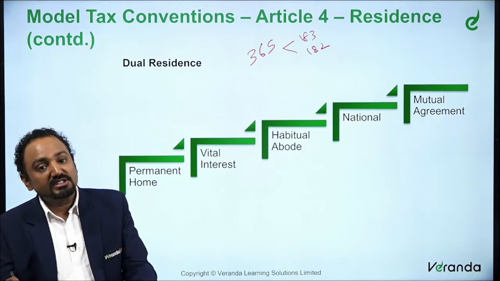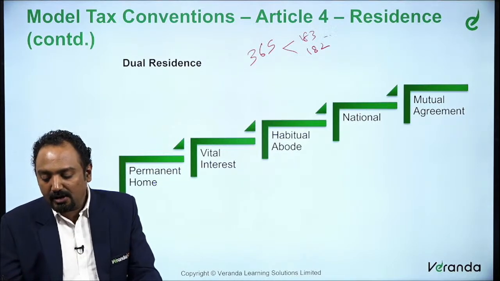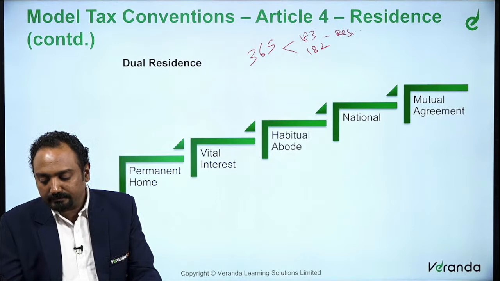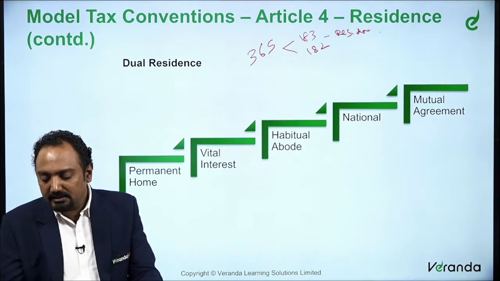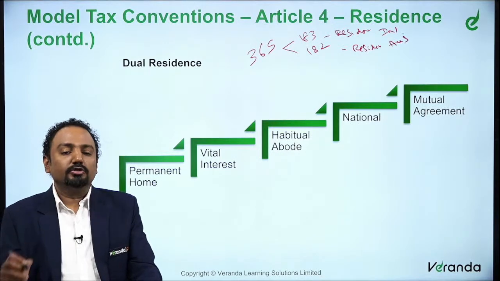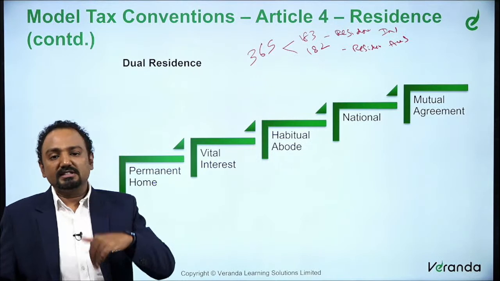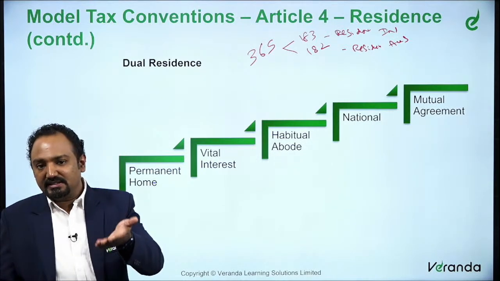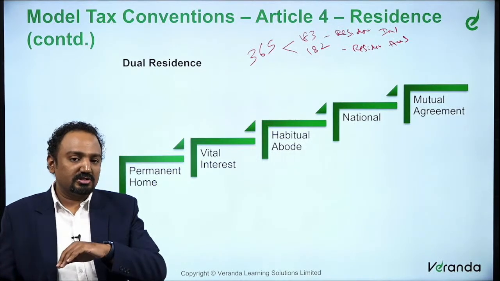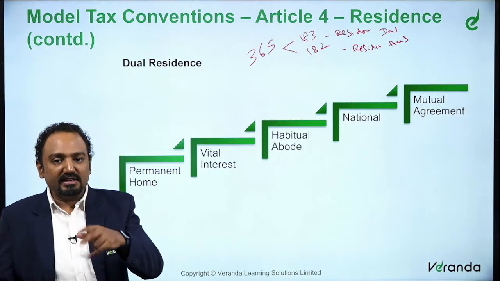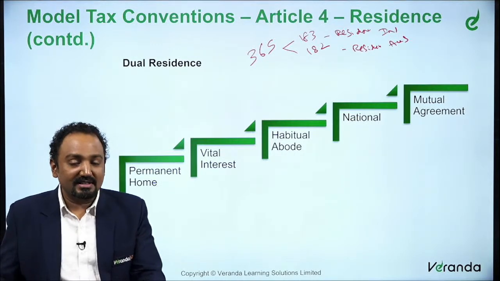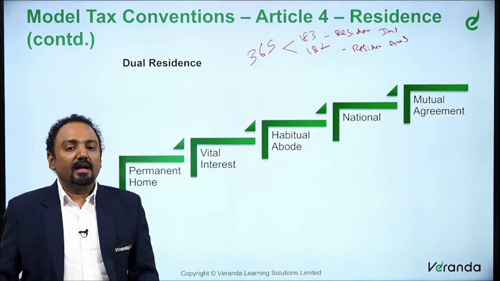In this situation, there is a scenario where he will be called a resident in both. Let's say this is India and this is, let's say, Australia. Because he has resided 183 days in India and 182 days in Australia, he will be called a resident according to the laws of both countries. This is only an illustration, okay?